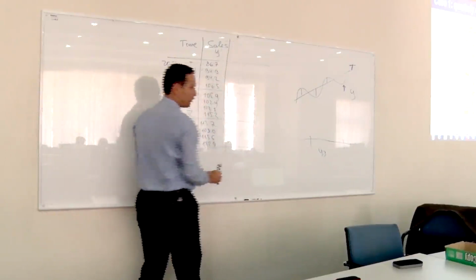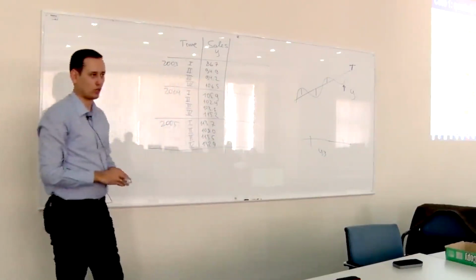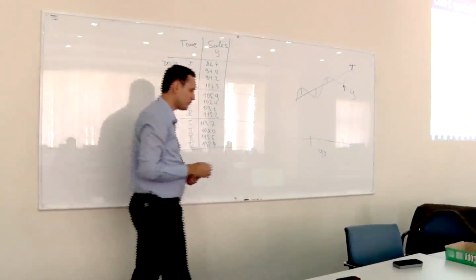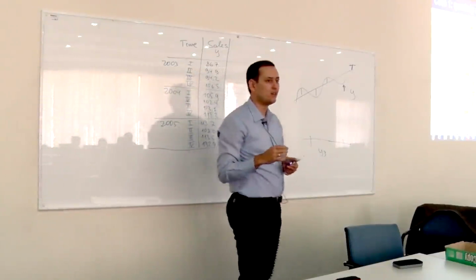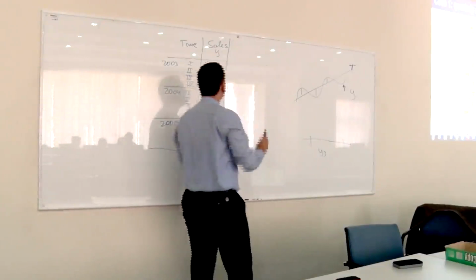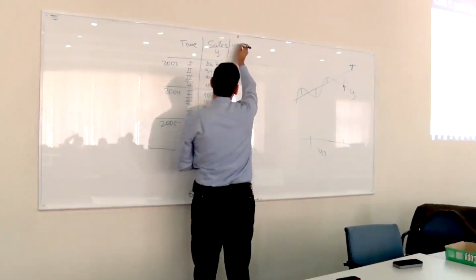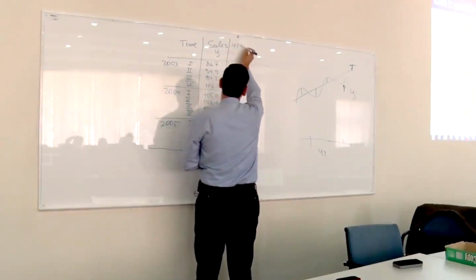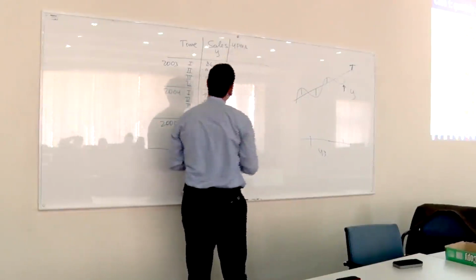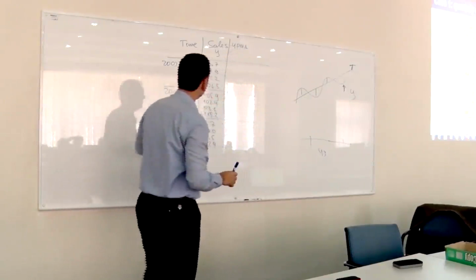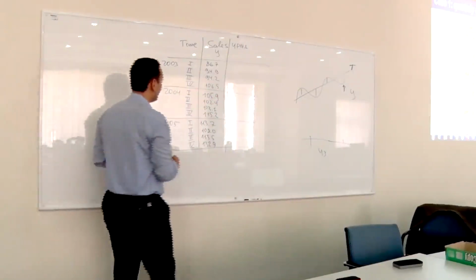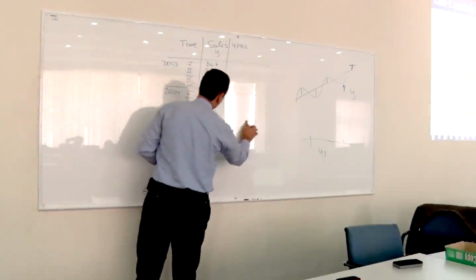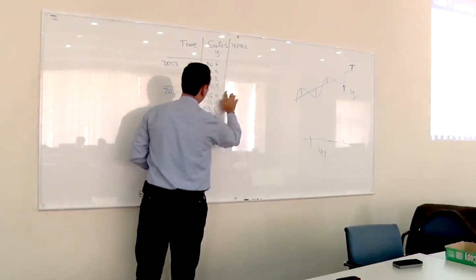So now we're doing the additive model. The first thing you need to do is find the 4-point moving average. So we call it the 4-point moving average. In order to find it, I will just erase these lines.